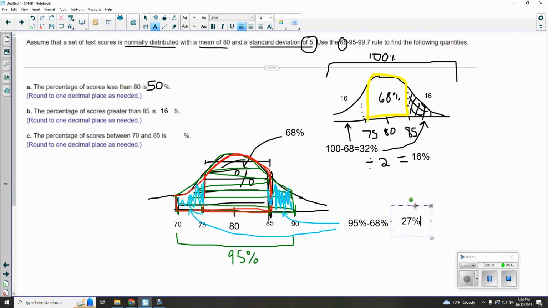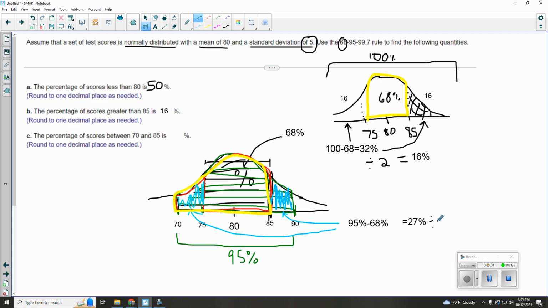Now, remember, we only want one of these because the picture that we need is between 70 and 85. So let's redraw this. 70 to 85 is right here. So 27% is these two. We only need half of that. So this gets a little bit hairy.